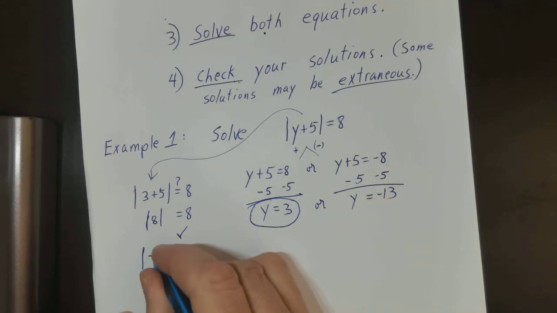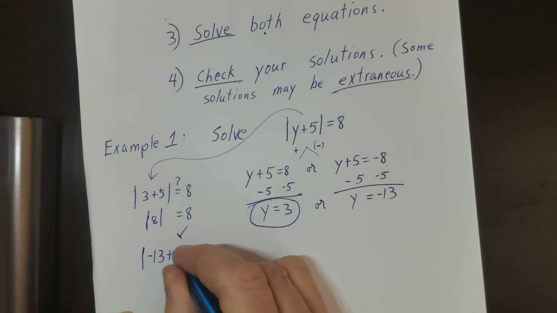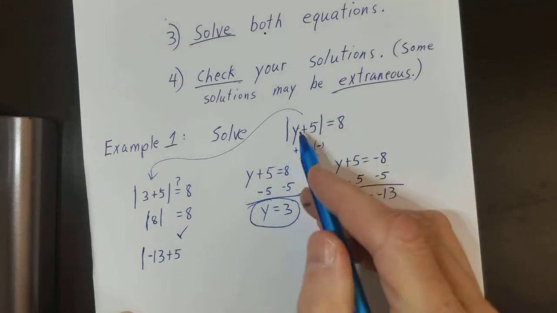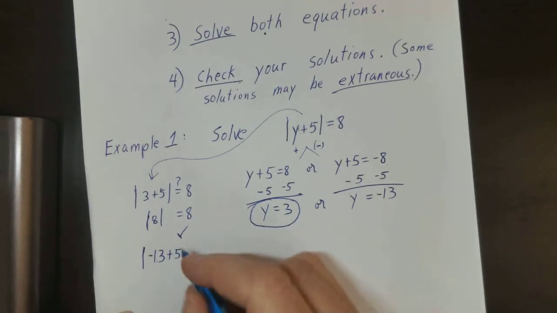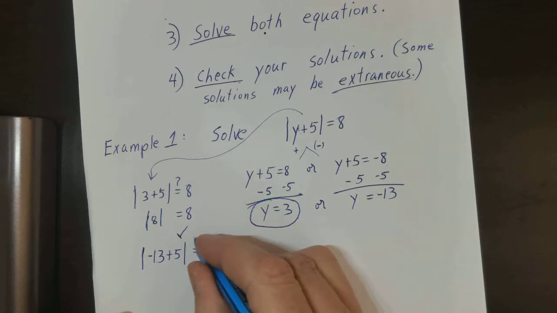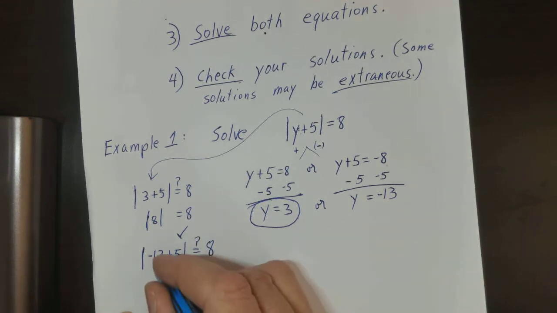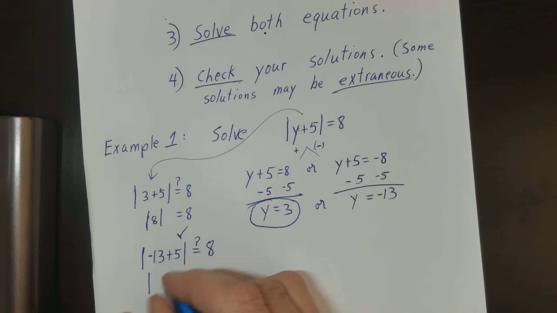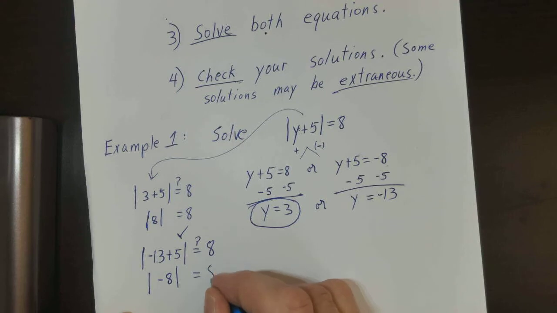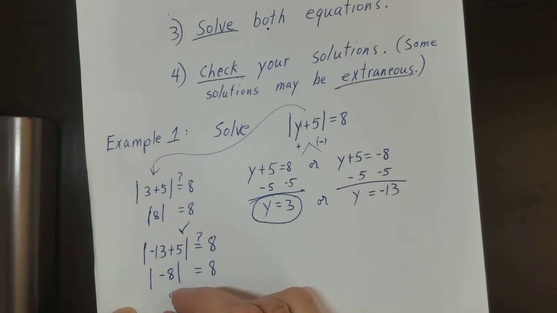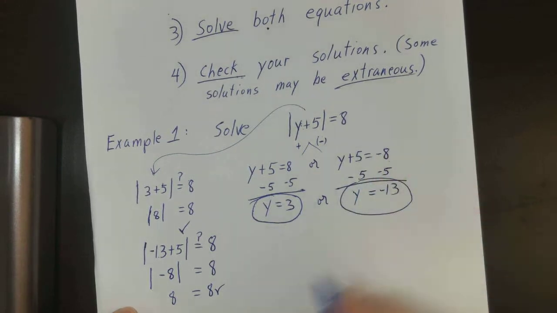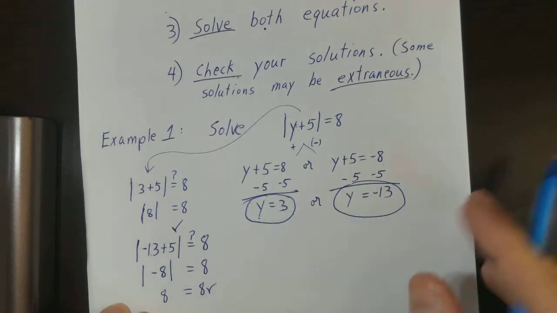Does the absolute value of negative 13 plus 5, I'm putting negative 13 where the y was, does that equal 8? Negative 13 plus 5 is negative 8. The absolute value of negative 8 is 8. 8 does equal 8, so that checks out. So those are our two solutions. They both work.